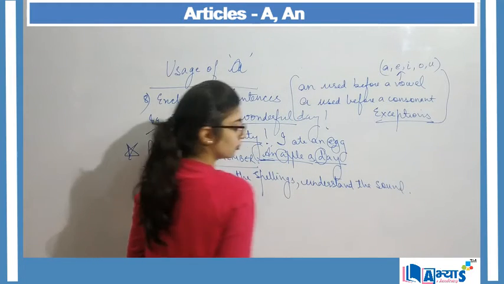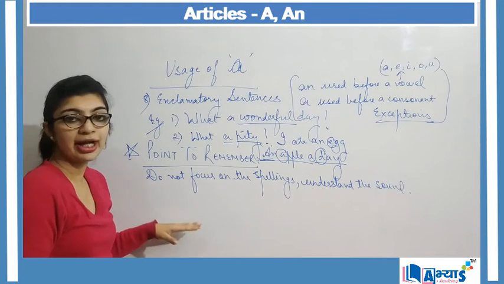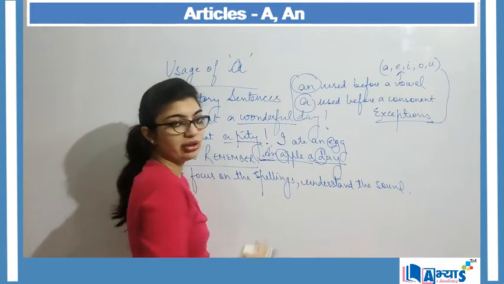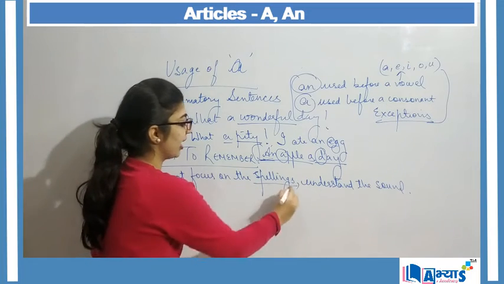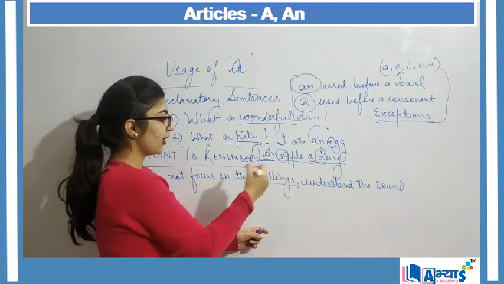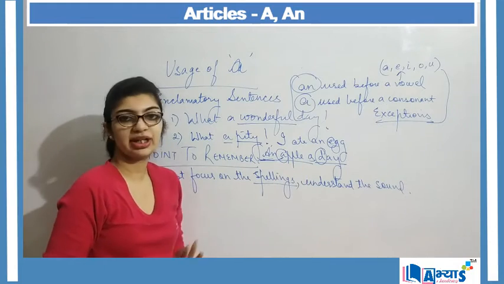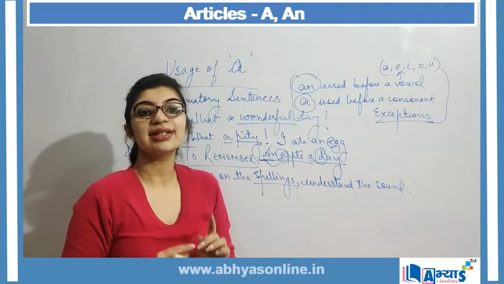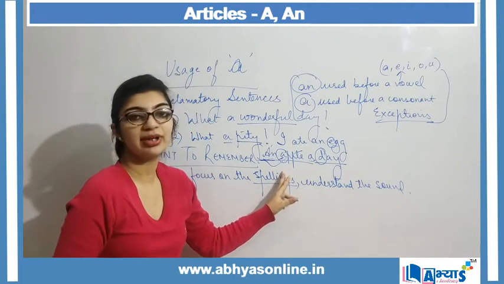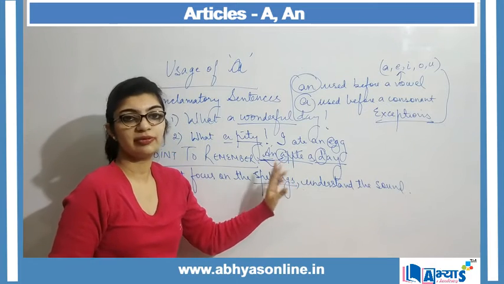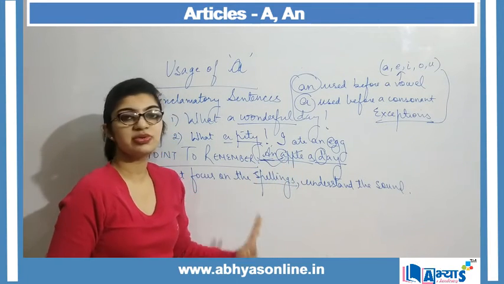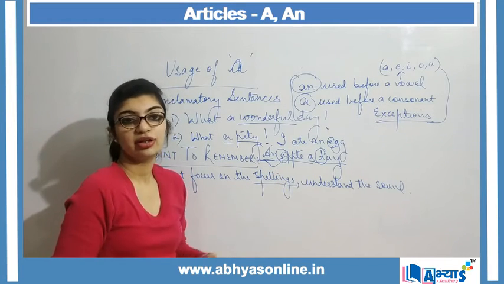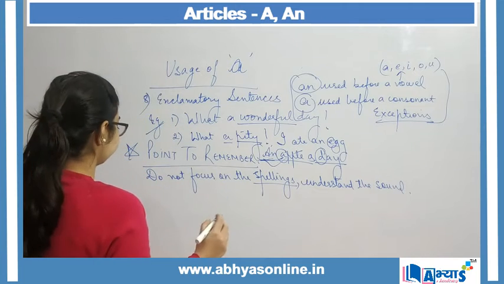With this statement, I mean that while making use of article a and an, we should not just focus on the spelling. Like we say, A is a vowel, before that I am making use of an. In this concept it is correct. But again there are certain cases where even if we have vowels over here, we will still be using the article an.